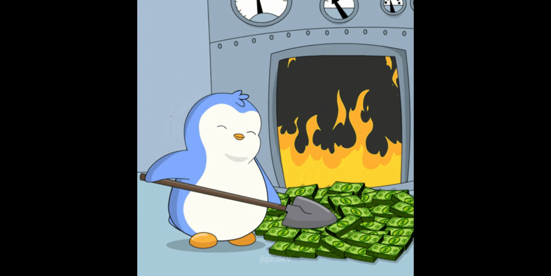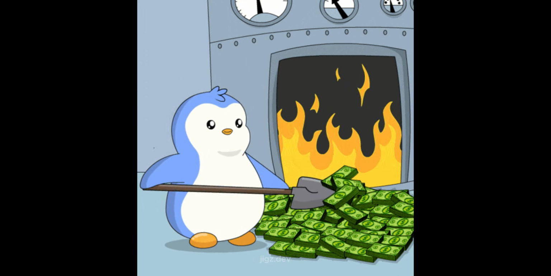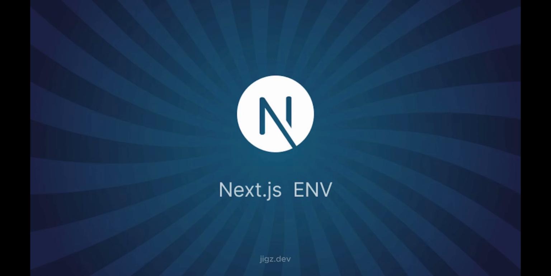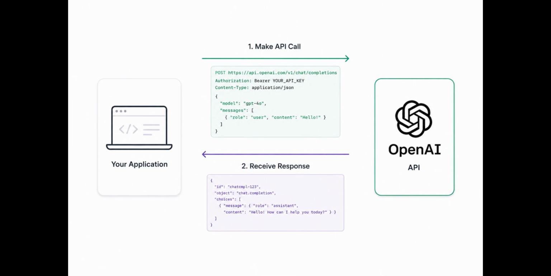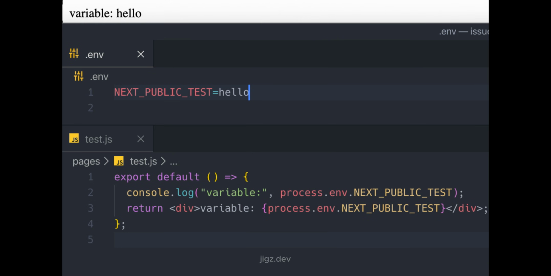But there is an even faster way to lose thousands of dollars overnight, and it happens because of how we handle environment variables in Next.js. When you ask your AI IDE to set up your image generation component, it needs to make an API call to a provider like OpenAI or Replicate. To make things work quickly, the AI might add your secret API key inside a file and prefix it with NEXT_PUBLIC.